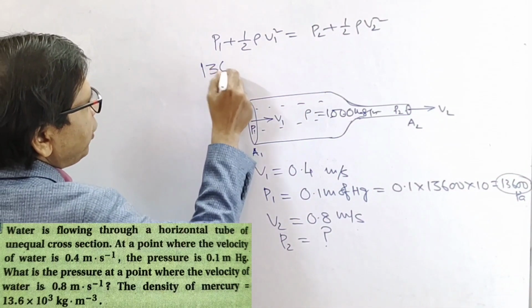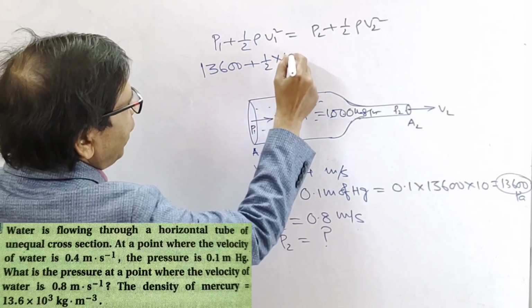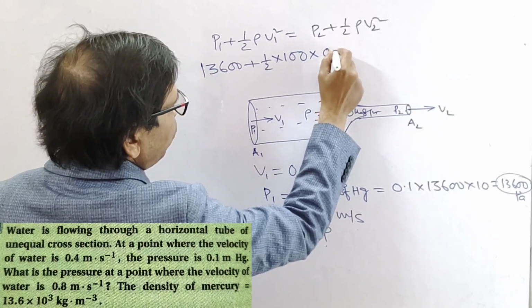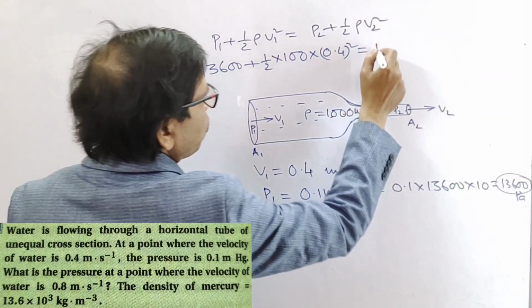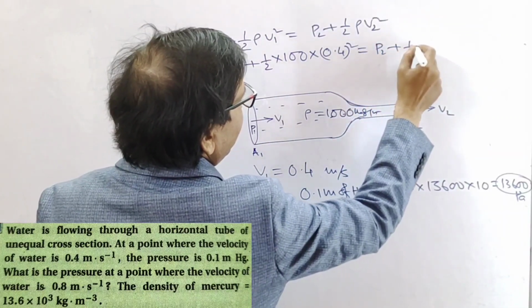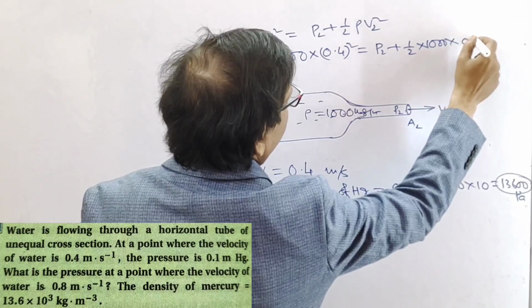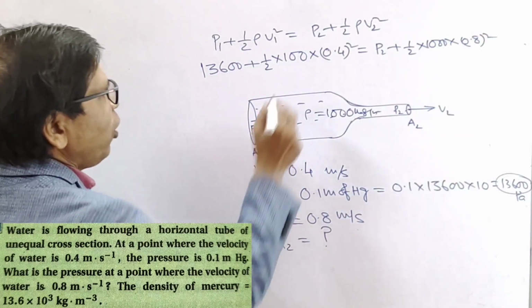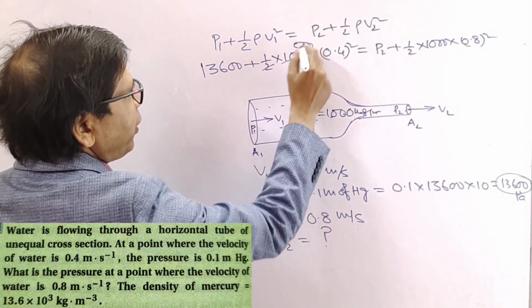So this is 13600 plus half rho of water, which is 1000, and V1 is 0.4 whole square, equals P2 plus half into 1000 into 0.8 whole square. Understood? Now look at this, half of 1000 is 500.